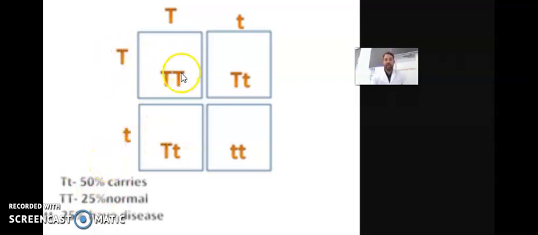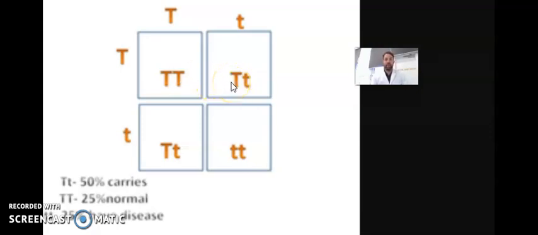What I've done here is drawn this square out to show you that there is a 25% chance of having a child that has both dominant versions of the gene and therefore being totally healthy, unaffected, and not carrying the disorder.